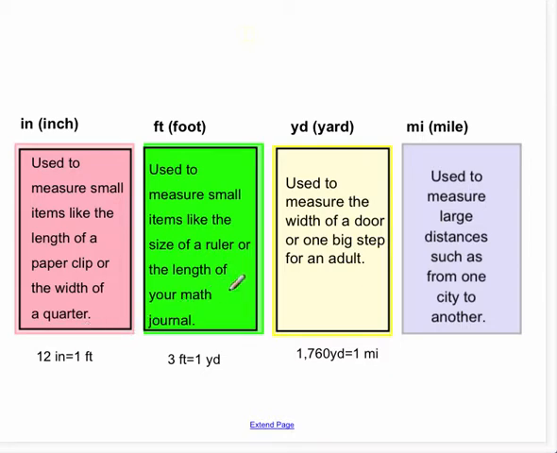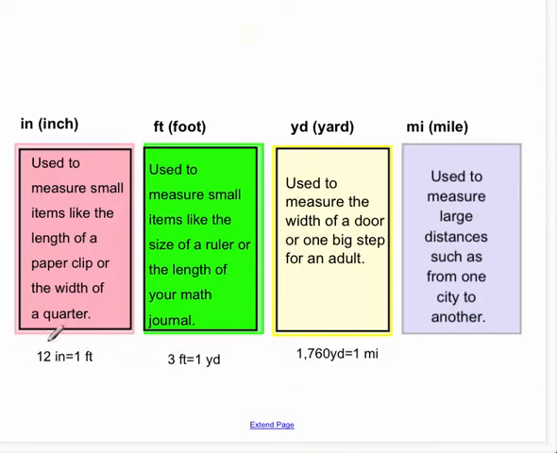Foot is used to measure small items like the size of a ruler or the length of your math journal. Yard is used to measure the width of a door or one big step for an adult. And mile is used to measure large distances, such as from one city to another. Underneath, I have some measurements for these.